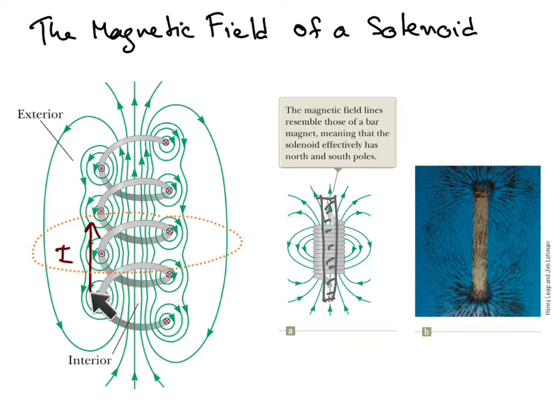We must have the current that passes through this surface. And from Ampere's Law, it means that we must have the magnetic field around the solenoid.